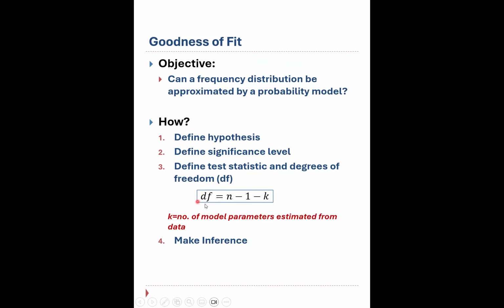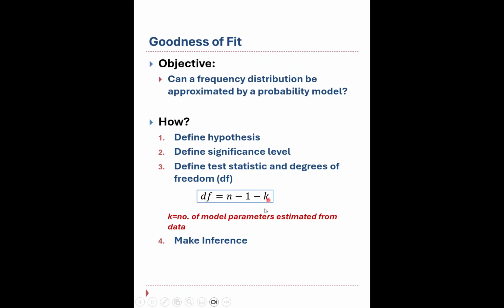The degrees of freedom in this case are defined as n minus 1, where n is the number of classes; the minus 1 is the condition that is fixed between the frequency distribution and the distribution of frequencies coming from the model, and then minus k, which is the number of model parameters estimated from the data.